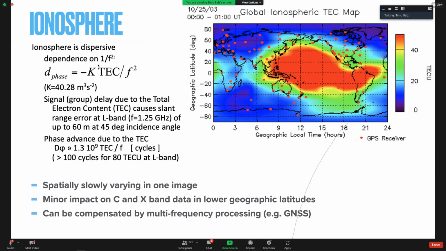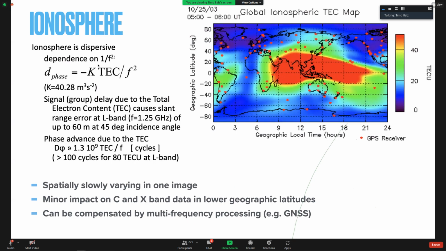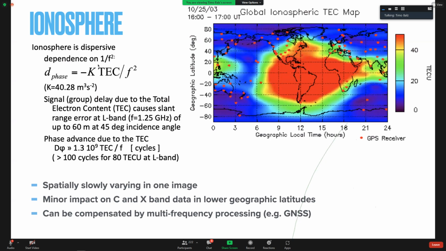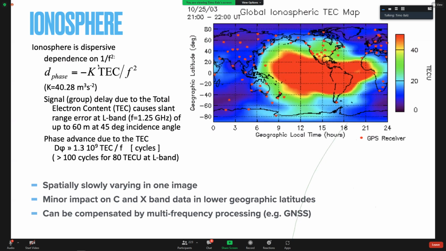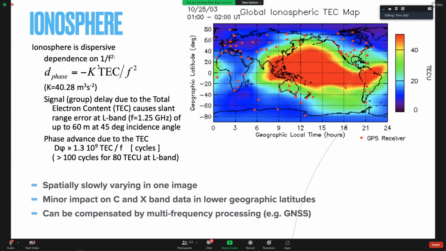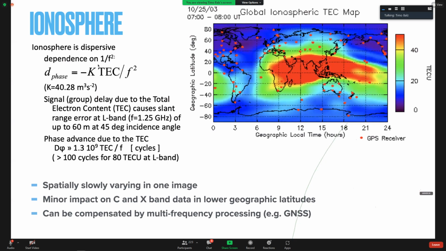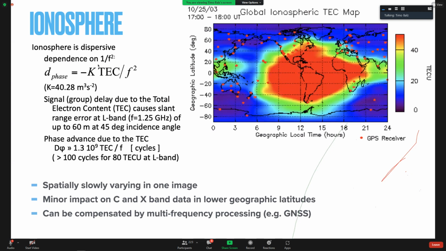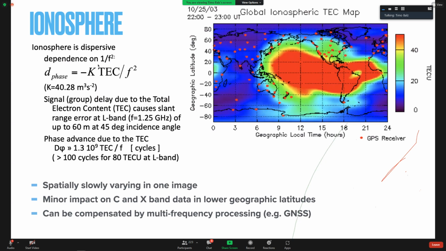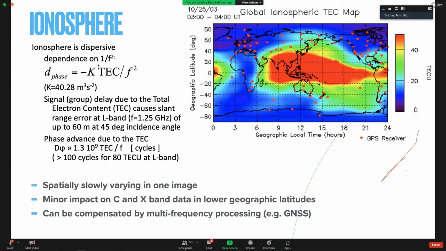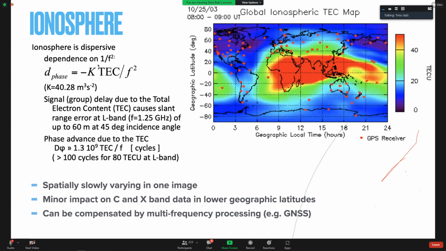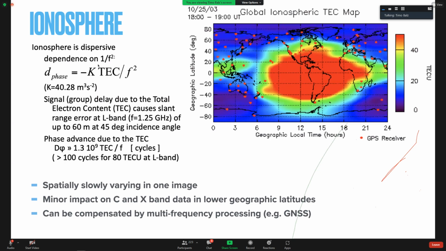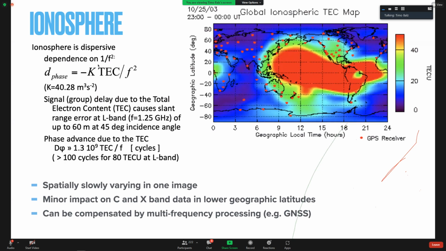The ionosphere here plays also a big role in it, the total electron content. Again, these are values that you can get. This is available from GPS centers, and this is an important part of GNSS research. So you can get it there, you can correct for that. This one, in contrast to the tropospheric phase delay, is dependent on the frequency of your system.